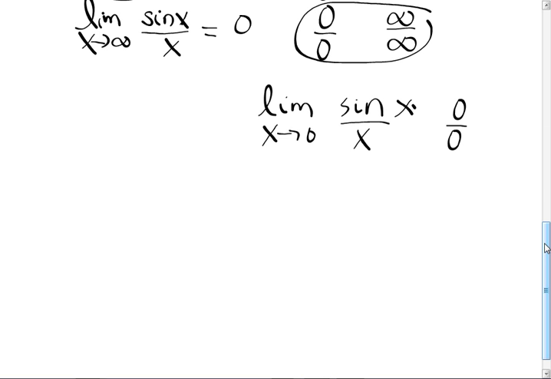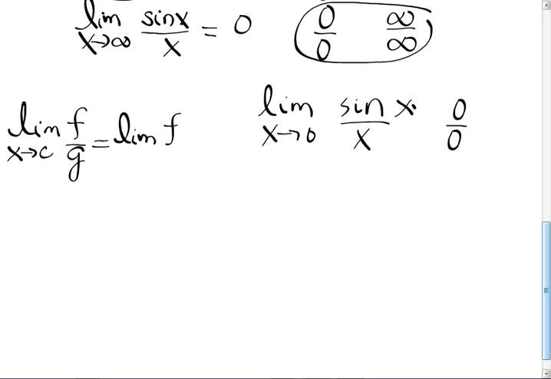And then what happens here, so if you have the limit of f over g as x goes to some value, it doesn't matter. L'Hopital's rule says you can take the derivative of the numerator and the derivative of the denominator. So you're basically looking at the slopes at this place, that the limiting value of the ratio of the two functions is the limiting value of the derivatives.